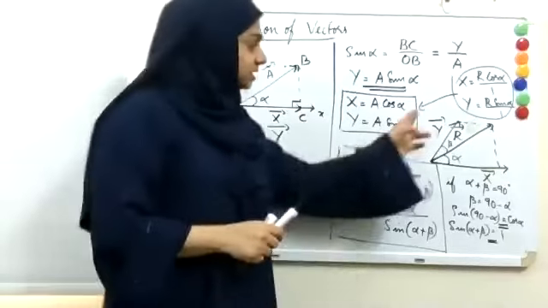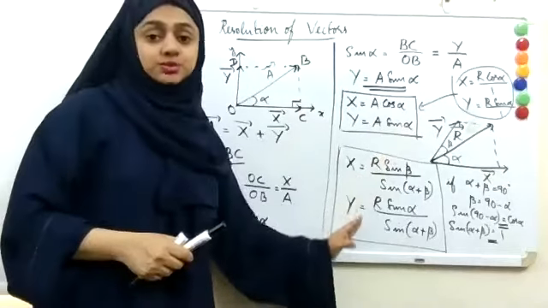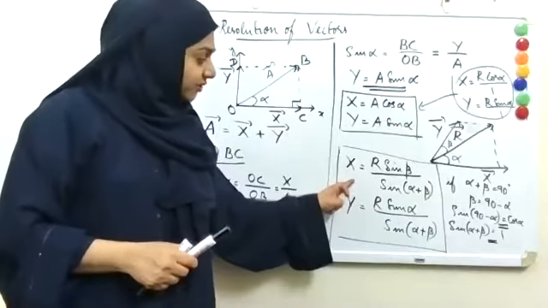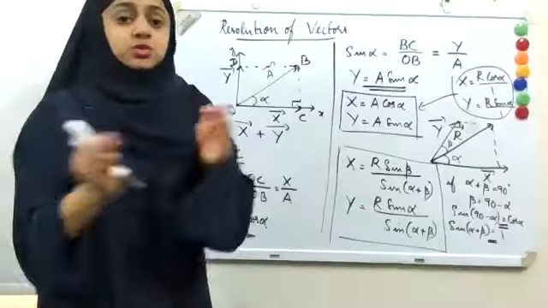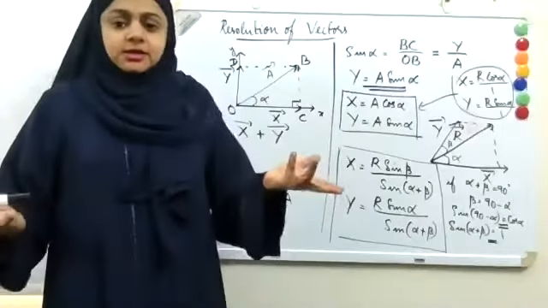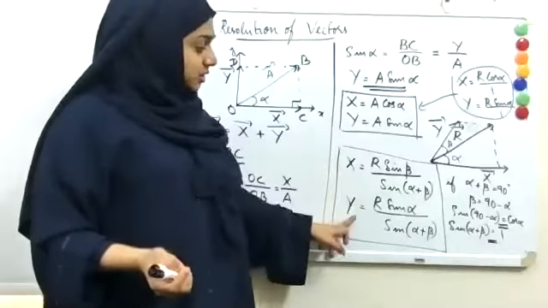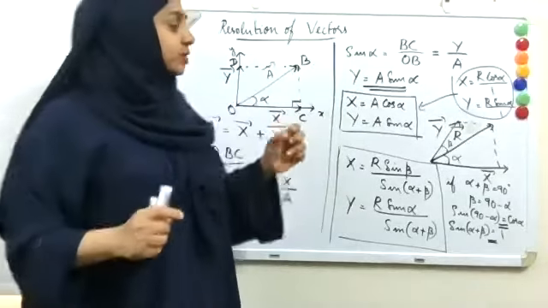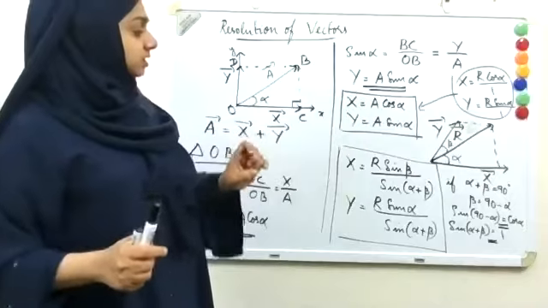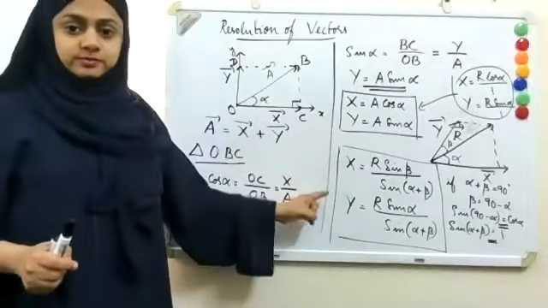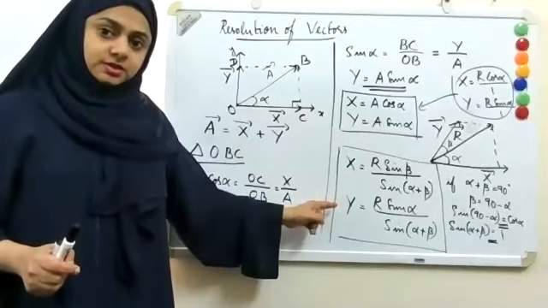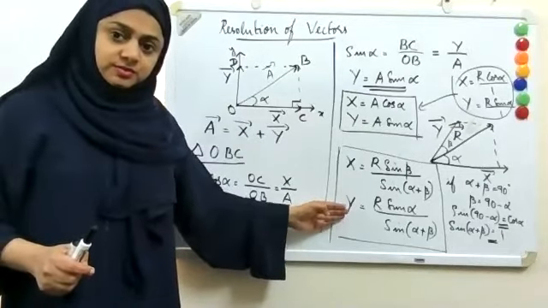This is how we check whether these two equations which we wrote are correct. So whenever the angle between the two components is any angle, you can use these two equations, and if you are resolving into two perpendicular components, you can use this equation. Is this clear to you? Yes.